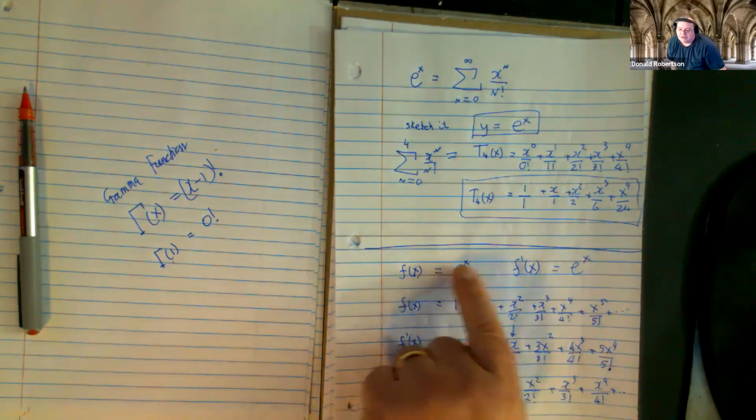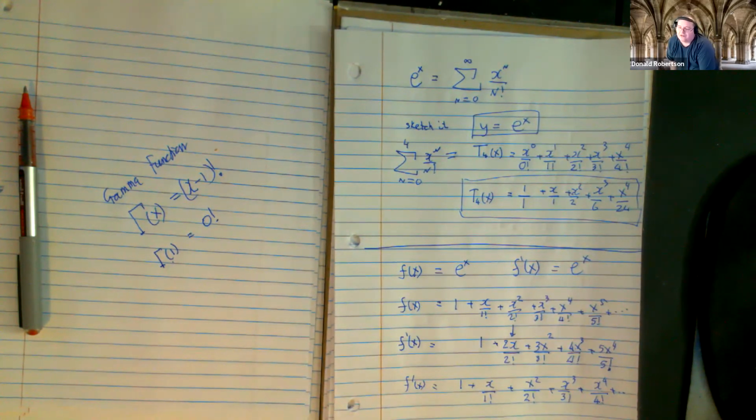And isn't e to the x one of the few functions that has the property that its derivative is itself? The only other function I can think of is f of x equals 0. Would you agree that it is equal to itself when you differentiate it? But doesn't everything else turn into something different when you differentiate it? But not e to the x.